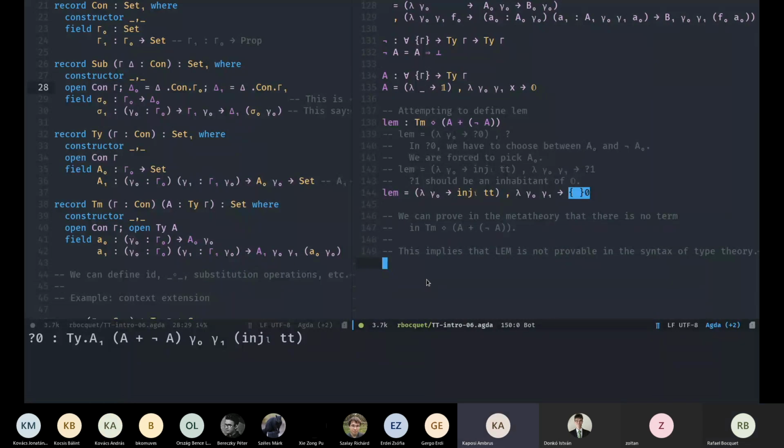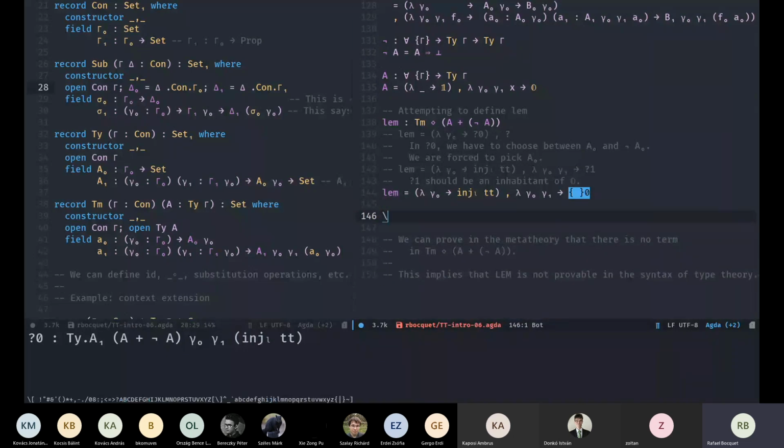We could also, why don't you prove that now that there is no term of that? Okay, I can, that there is no term. So yeah, then we can prove, what should be the name of this proof?